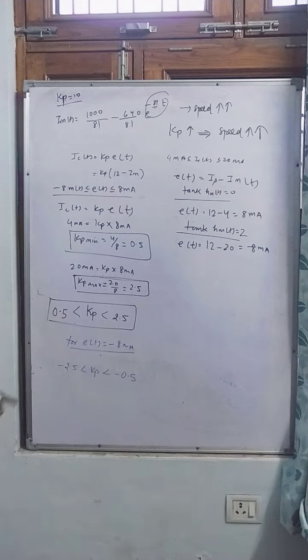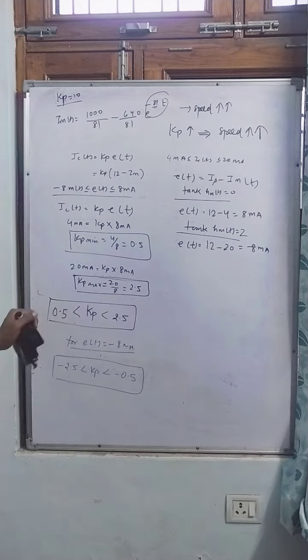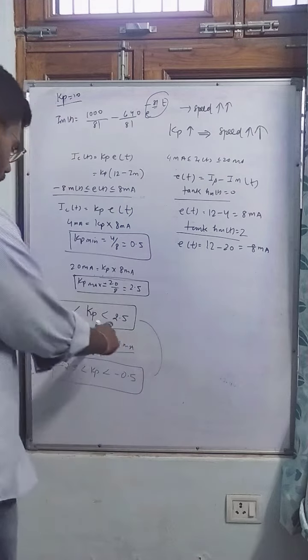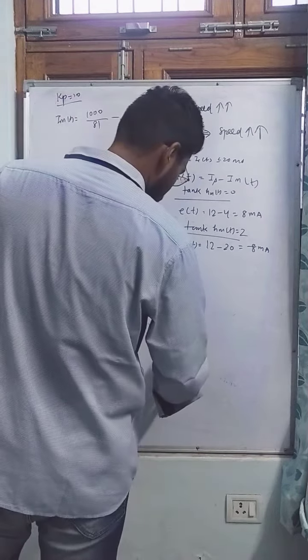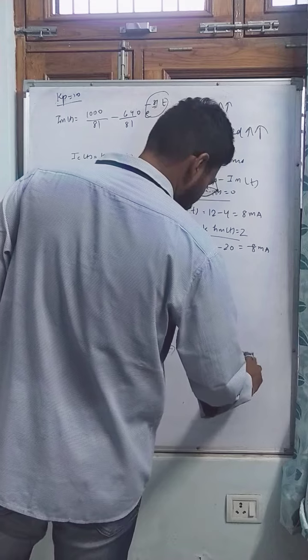So if we want to write a common range that will cover all values, then it will be from minus 2.5 to 2.5.